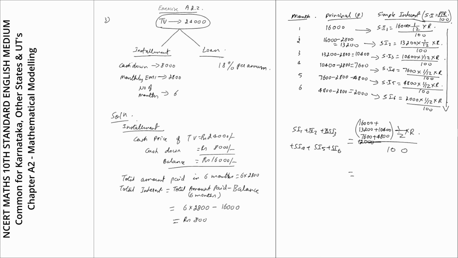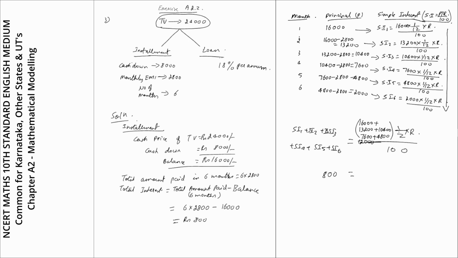Now what is the sum of all the interest, SI1 plus SI2 plus SI3 plus SI4 plus SI5 plus SI6? The sum of all the interest is 800, we just calculated in the previous page. So the total interest paid is 800.